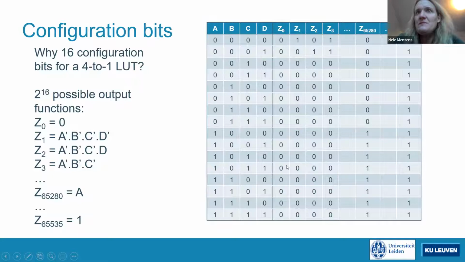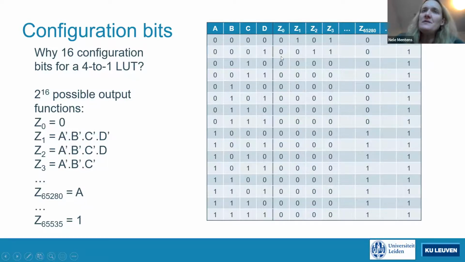These are the inputs of the lookup table, A, B, C, and D, because we had a 4-input lookup table. And this is the output of the 4-to-1 lookup table. But we have here 2 to the 16 possible outputs that are determined by the 16 configuration bits that configure the lookup table.